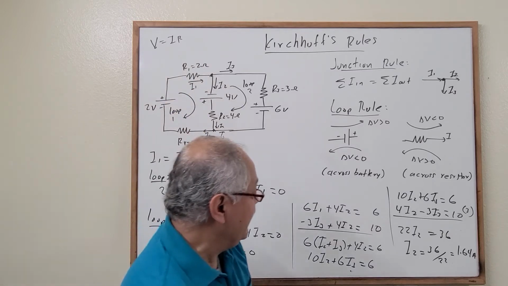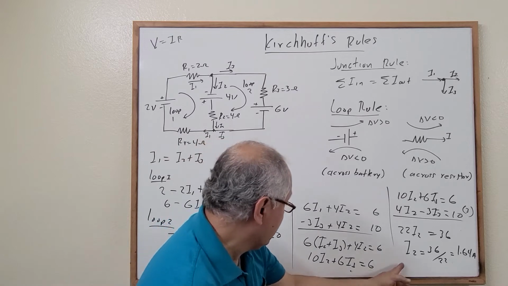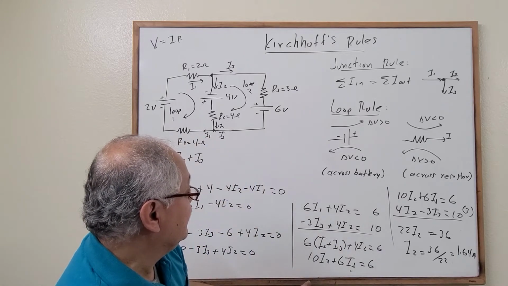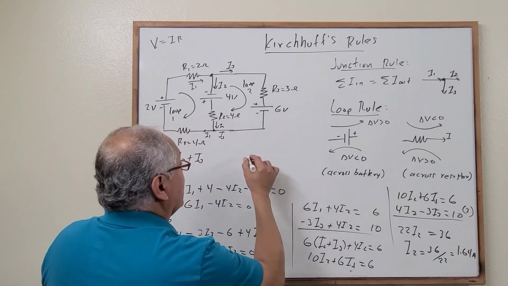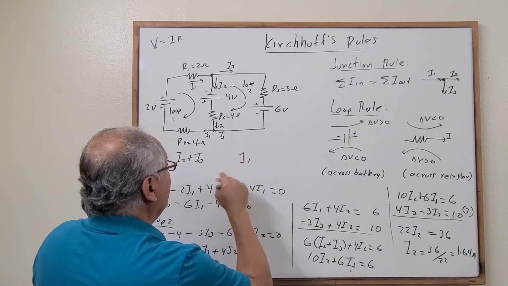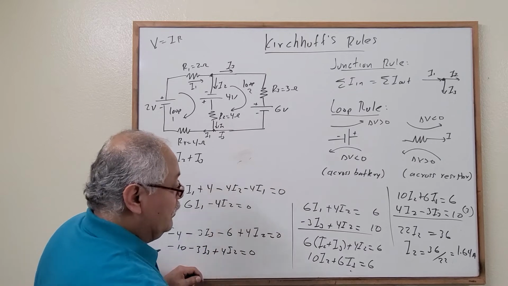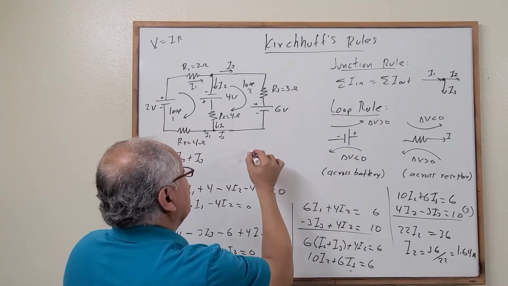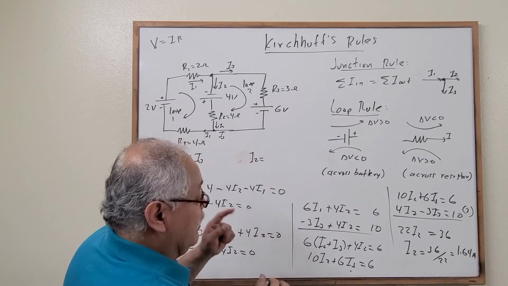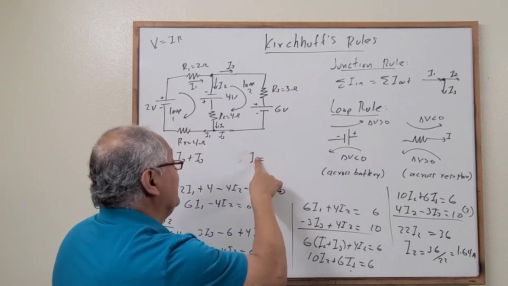Great. Now let's find the other currents. We can find, for example, current 1 from here, correct? Or we can find current 3 right from here, because current 1 is right here. Okay, what should be current 3? Oh, we found current 2, not current 3. Perfect.